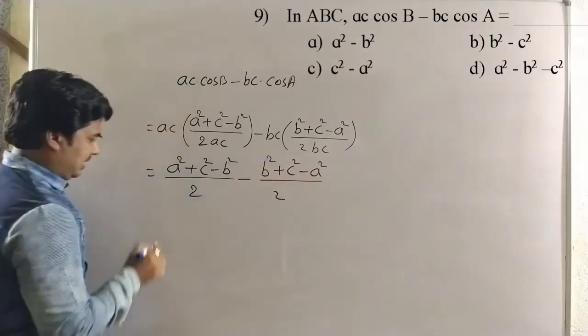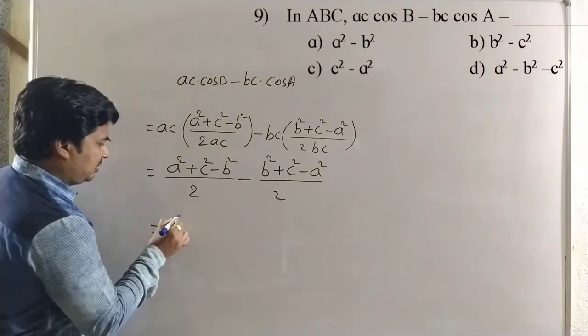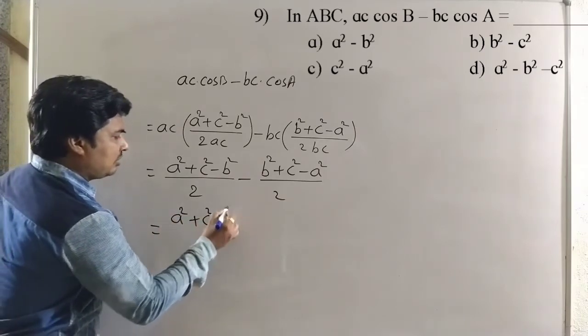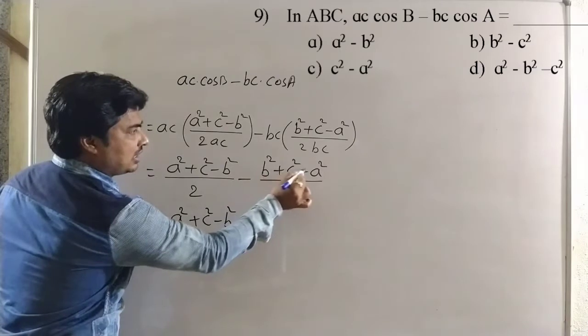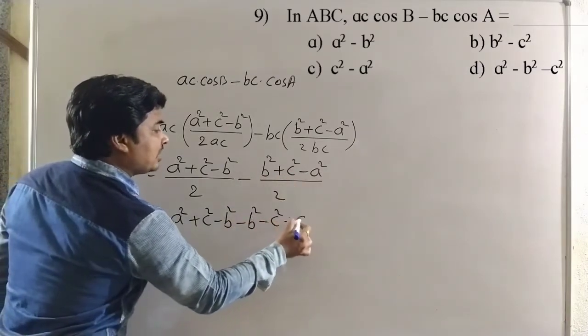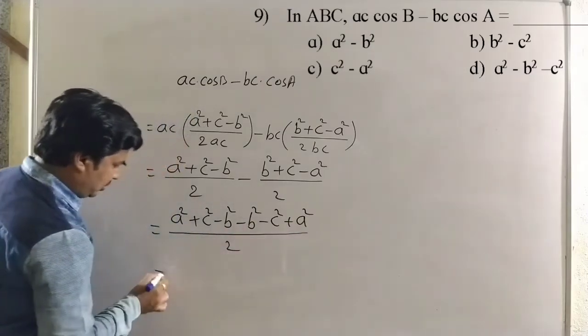Here BC get cancelled. Now here the denominator is the same. We take the subtraction. Therefore it is a square plus c square minus b square. Here it is a minus, so it is minus and it is plus. Minus b square minus c square and plus a square upon 2. Okay, see carefully this.